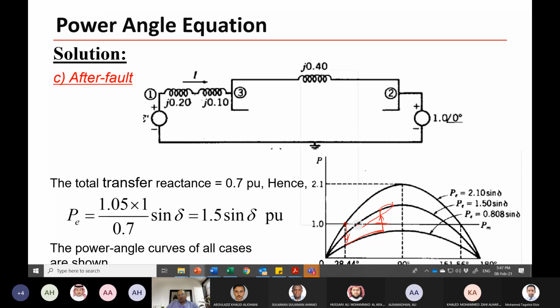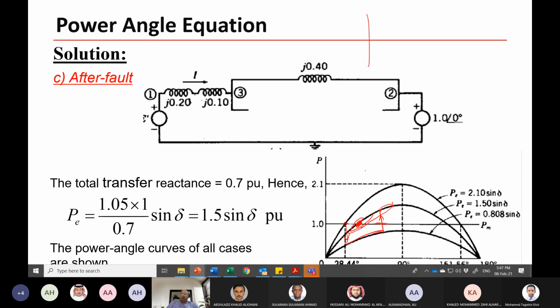It will not stop here due to the inertia, it will continue. Once it continues, it will accelerate again. So the angle will go up here, then come down, up, down, until it reaches here.